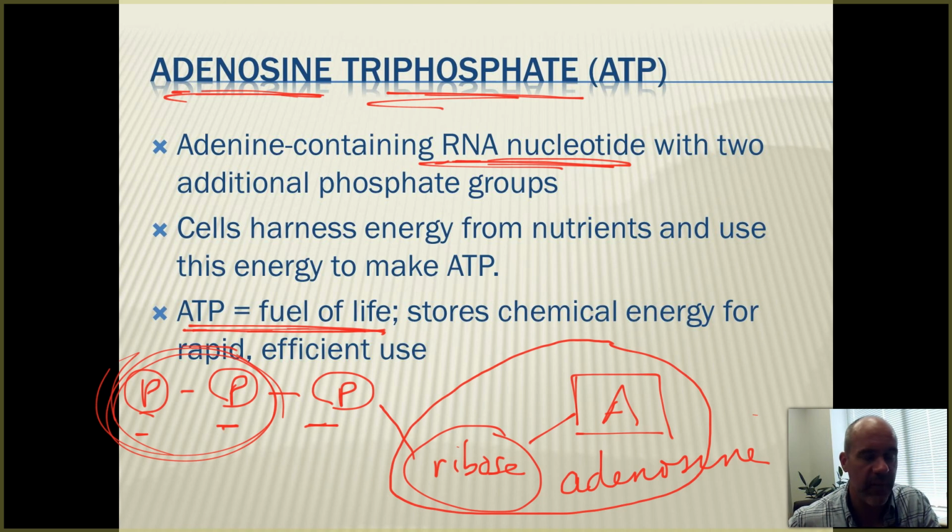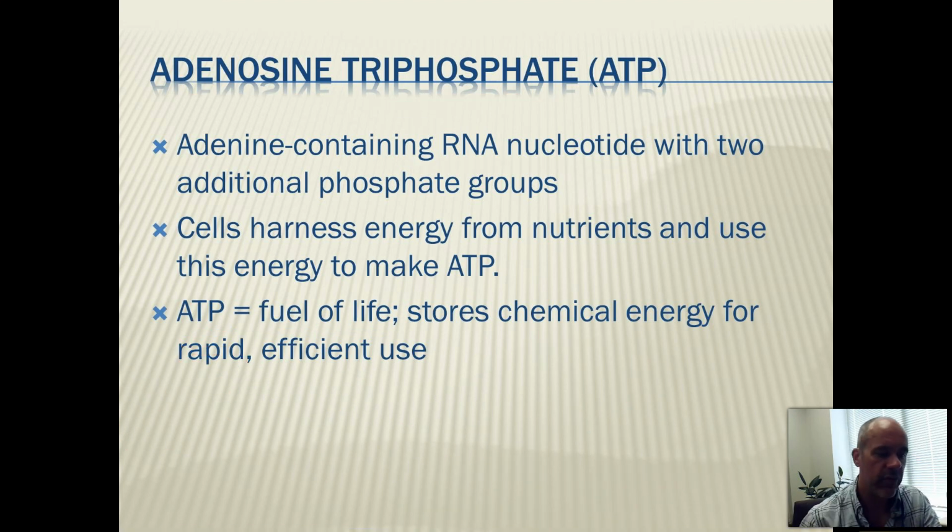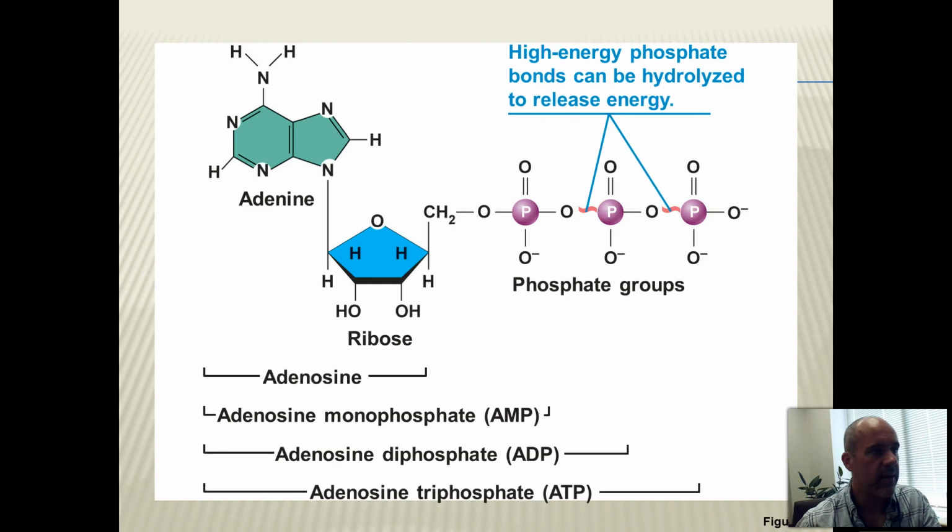It's something that cells can burn really quickly when they need to do something that requires energy, like those endergonic chemical reactions, or movement requires energy. So this is kind of like your fuel in cells that's stored and made available when you need to use it very rapidly and efficiently. So I just wanted you guys to hear about that now, because you are going to hear a lot about ATP as you move through your biology courses.